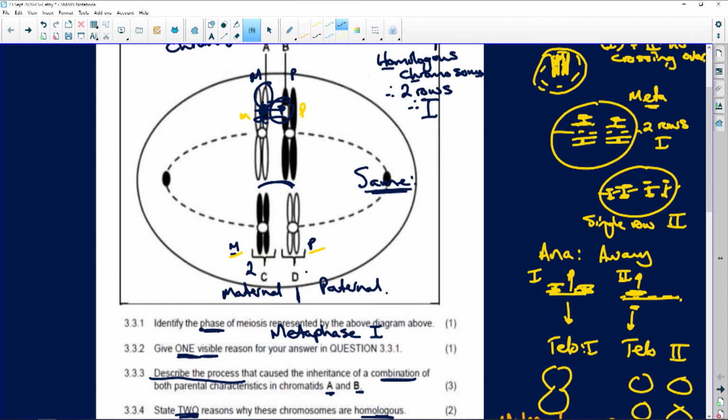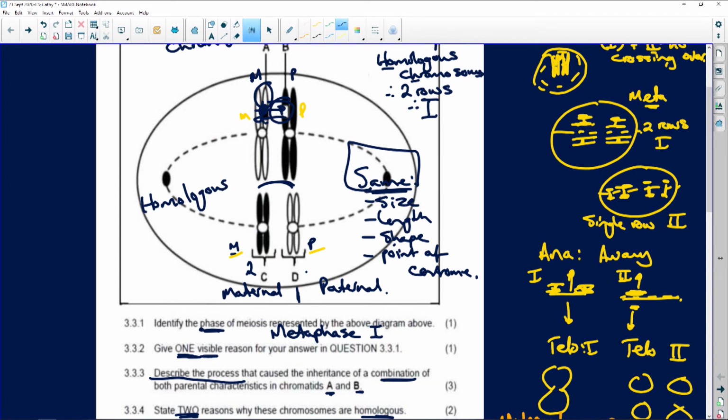Chromosomes are the same if they are the same size, the same length and the same shape, and also the point of the centromere. If all of those are the same, then they are homologous chromosomes.